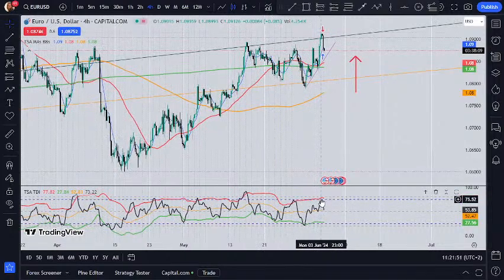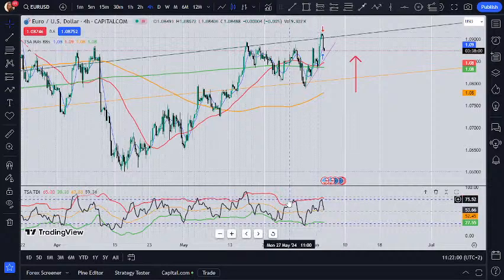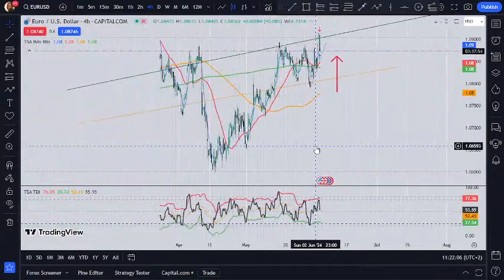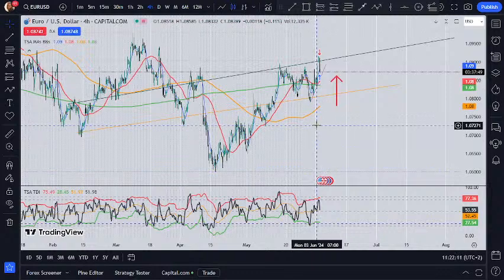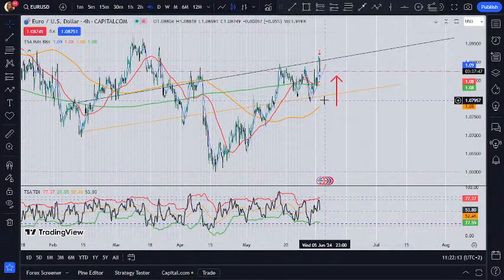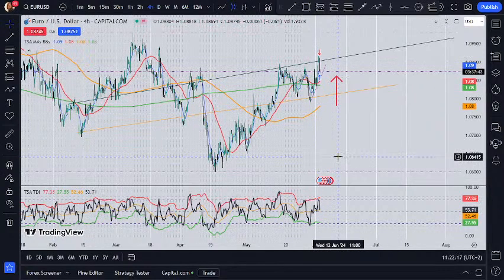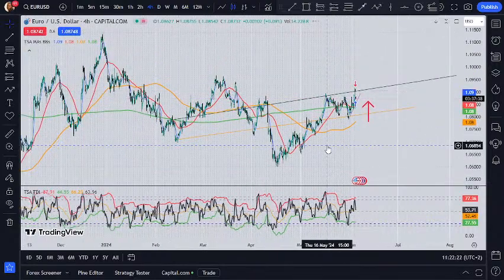Again, like I was saying, it's not a shark fin per se, but the fact that price is within an overbought condition, we know that price will most likely go down. So that's how it looks.